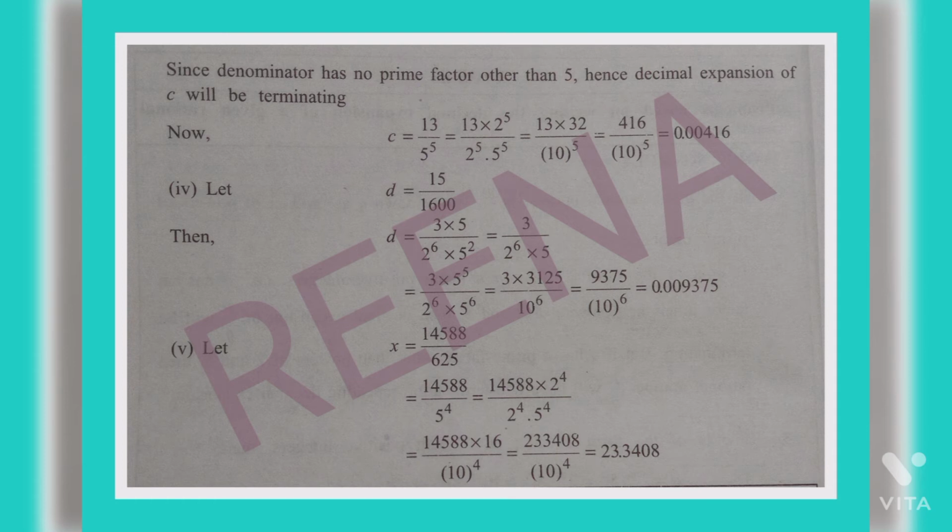Here if I make 5 raised to the power 6, I can get 10 raised to the power 6 easily. So I'll make 10 raised to the power 6 as I have done in the previous question.